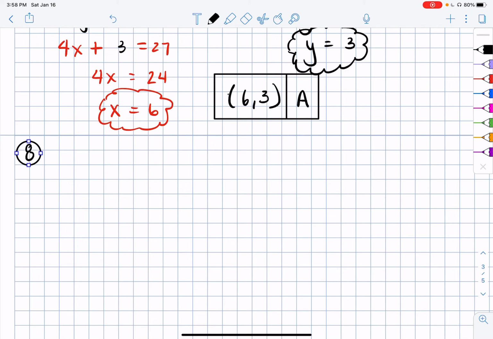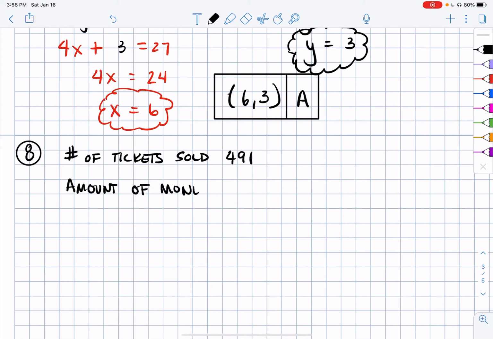So what I know is the number of tickets that were sold was 491, and the amount of money brought in is $8,195. Okay, so that's what I know.